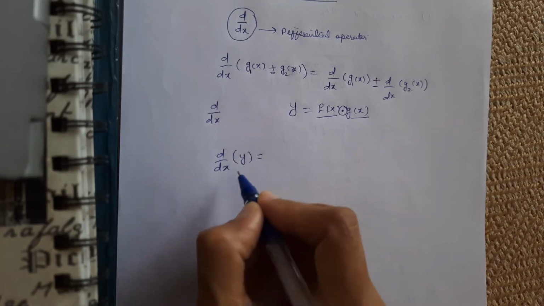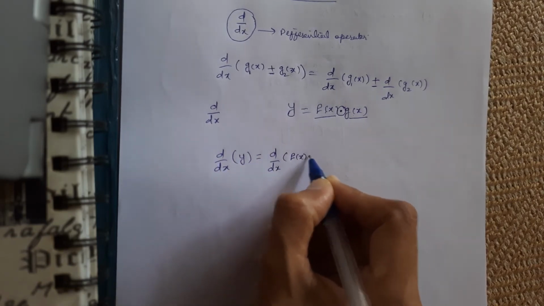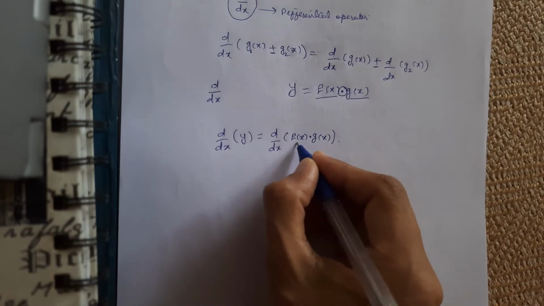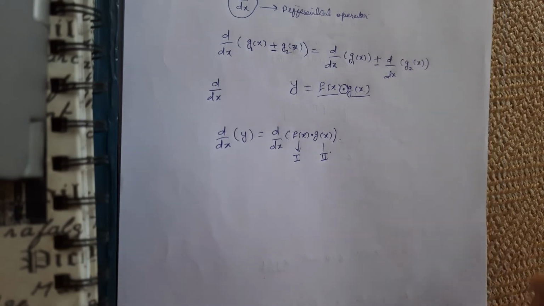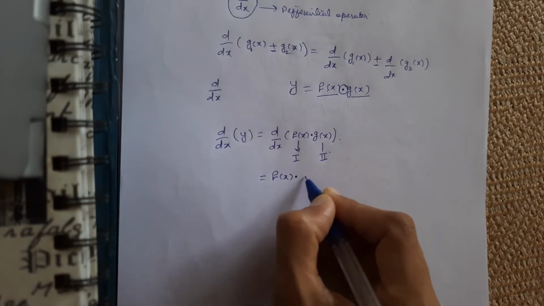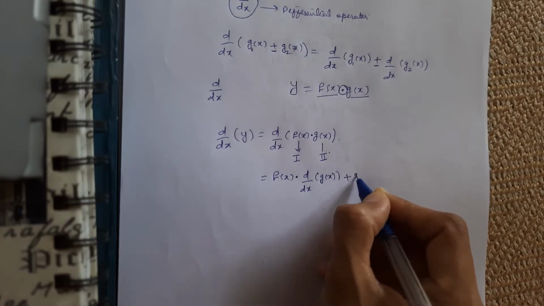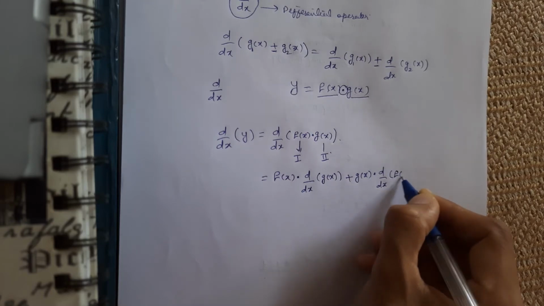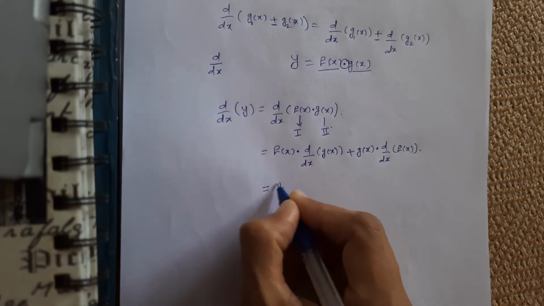This is called the product rule. d/dx of y is nothing but d/dx of f(x) into g(x). Suppose this is my first function and this I am calling the second function. The derivative behaves like this: first function outside multiplied by the derivative of the second function, plus second function outside into the derivative of the first function. You need to remember this.